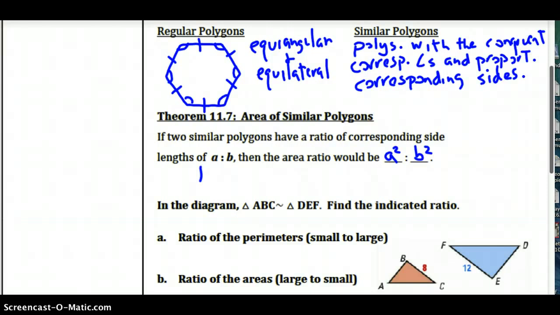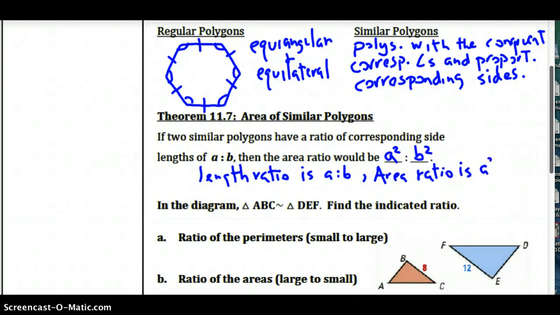So we're going to say that a length ratio is A:B, and then the area ratio is A squared to B squared. Now remember, ratios can be written in fraction form, so a lot of times we end up using this. Okay, so that gives us that.